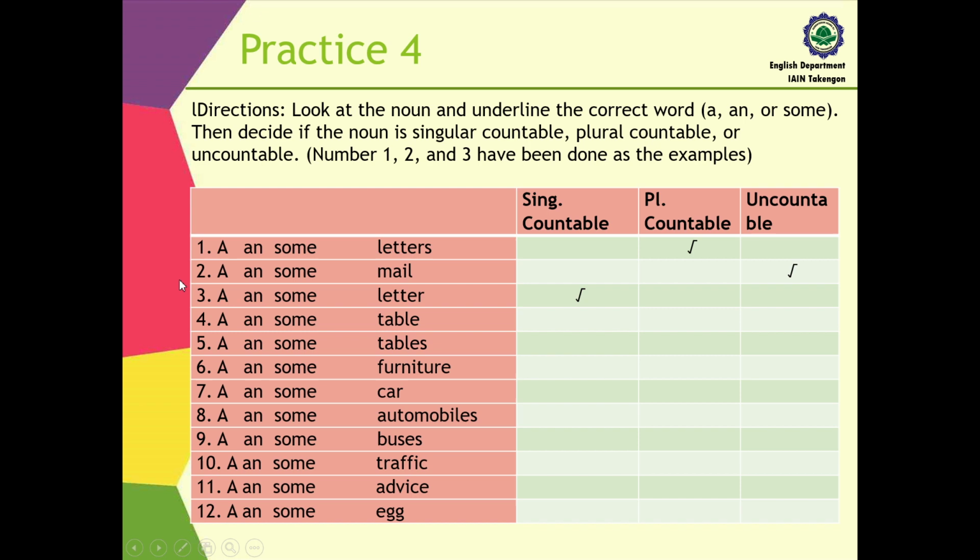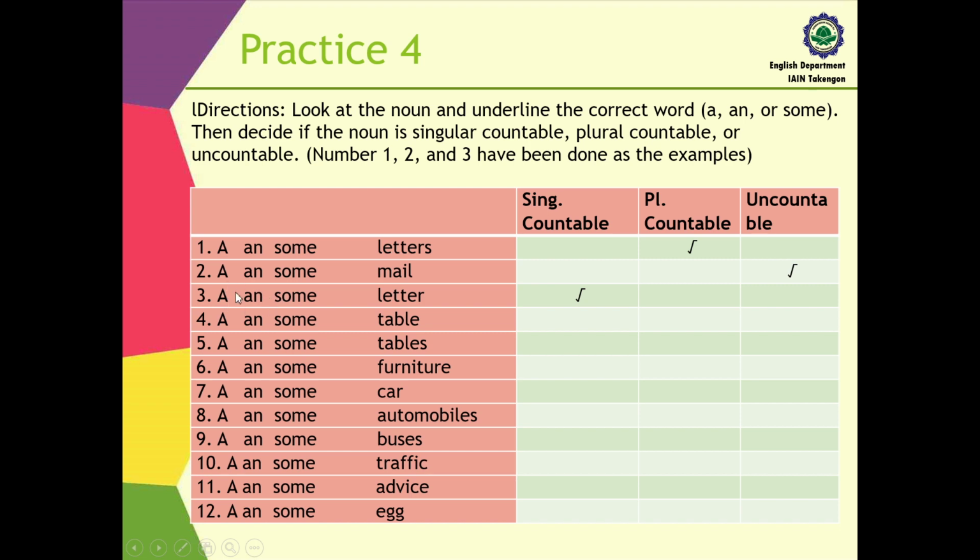Let's see one more example. Number 3, blank letter. This is the same as number 1, letters, but we don't have s in this word, which means it's singular. If it's singular, we can put a or an. Now we have to decide whether a or an.